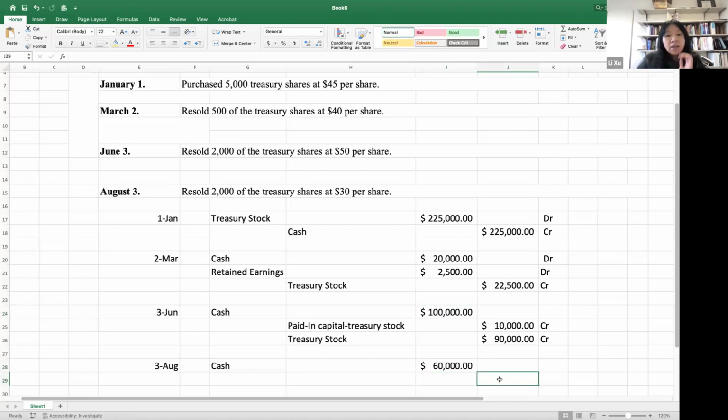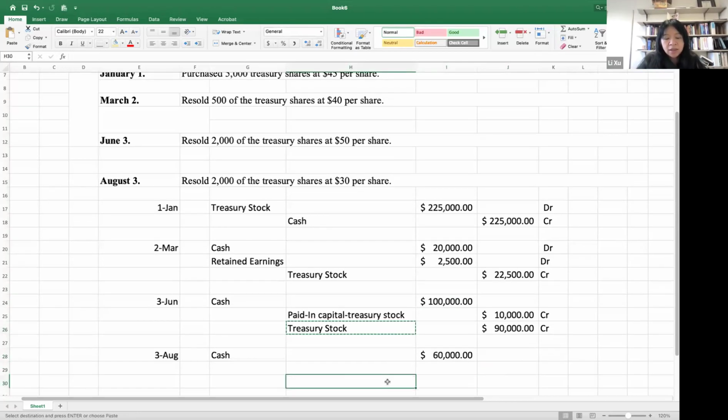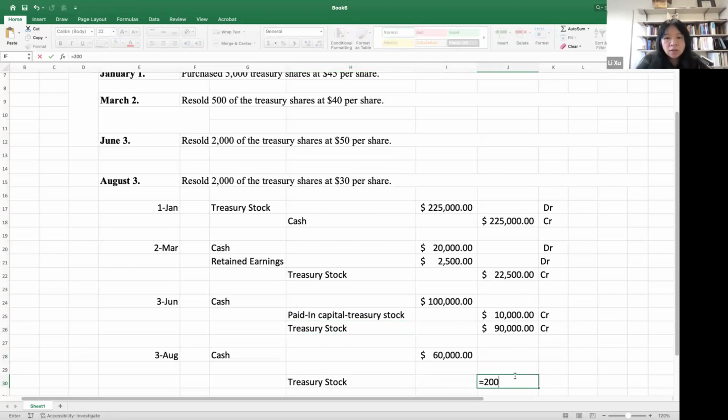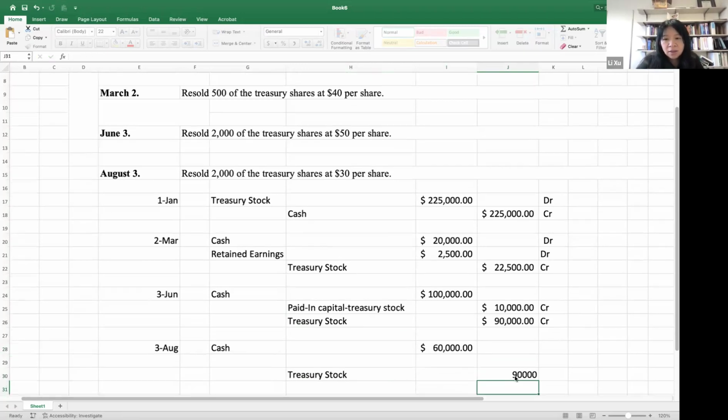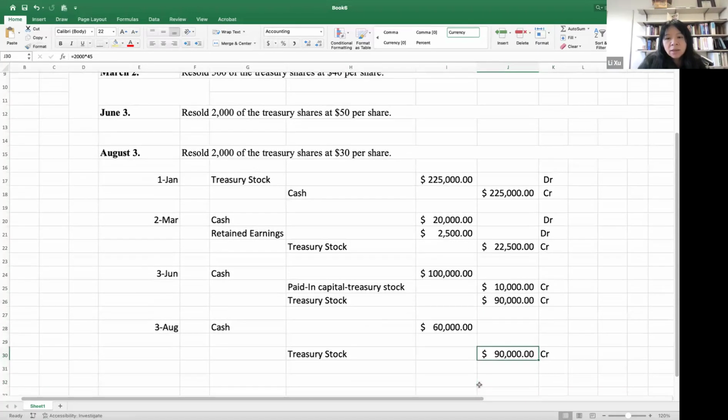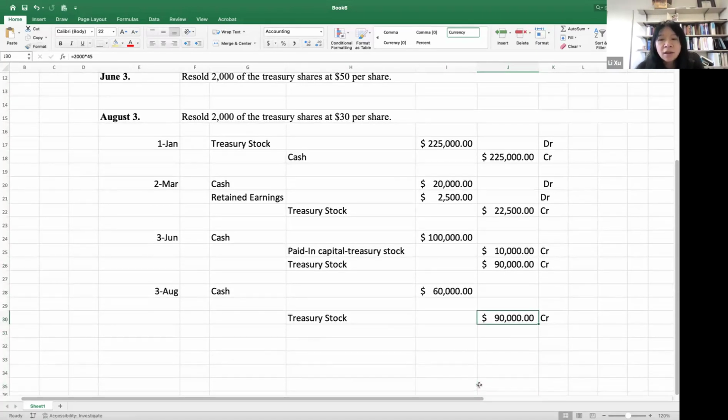And again, we're going to remove treasury stocks based on the price you paid, book value approach. This time you sold 2,000 shares and you paid 45, so we're going to remove 90,000 from our balance sheet. And now you can see we have a loss again. This loss is 30,000, which is the difference between 60,000 and 90,000.